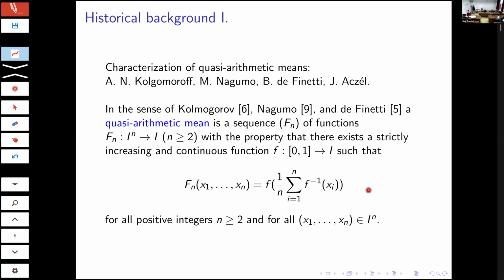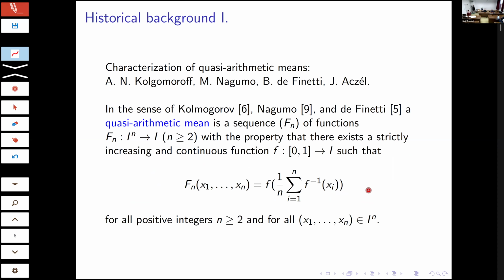This has a long history, but I just focus on a very short part, because functional equationists, if this word exists, are more interested in this part. So I think it is better if I just focus on the clear background.